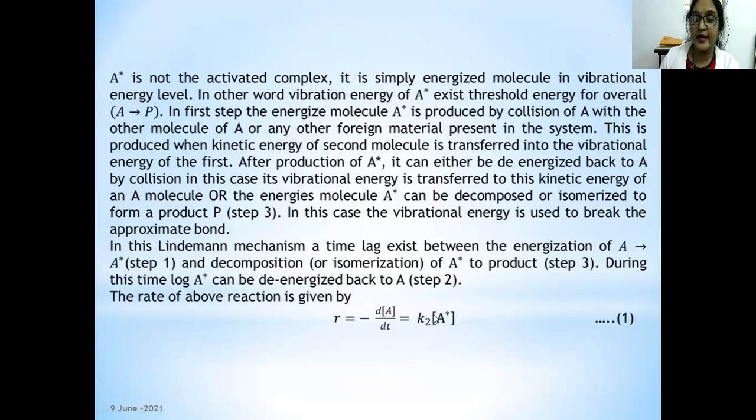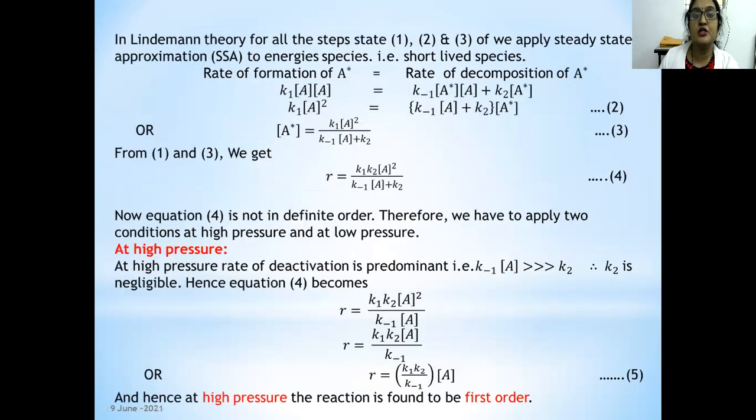When the energized species is an unstable intermediate formed in between the reaction, we use the steady state approximation to get the concentration of that short-lived species.